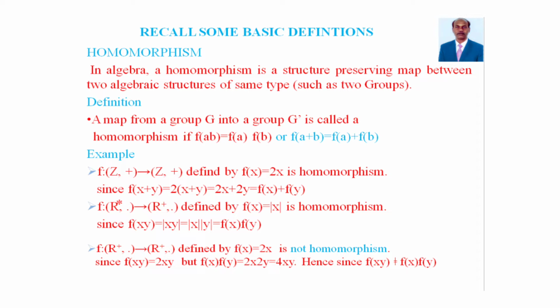Therefore, f is a homomorphism. Now we go through another example which is not a homomorphism. f from R plus, dot to R plus, dot defined by f of x equals 2x is not a homomorphism, since f of xy, according to the definition, equals 2 times xy, but f of x times f of y equals 2x times 2y, which equals 4 times xy.